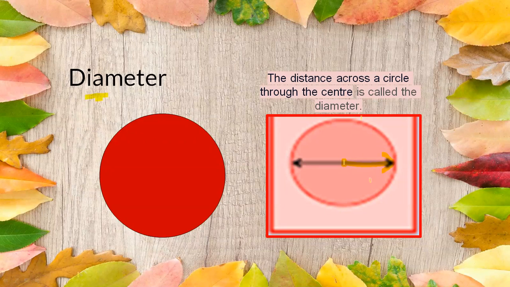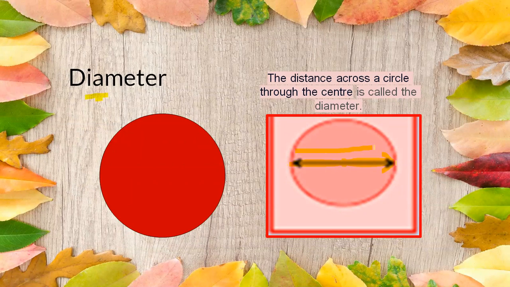The whole distance: it's my center, and now I am moving from there to there. So the distance across a circle through the center is called the diameter. Why is it called the diameter?